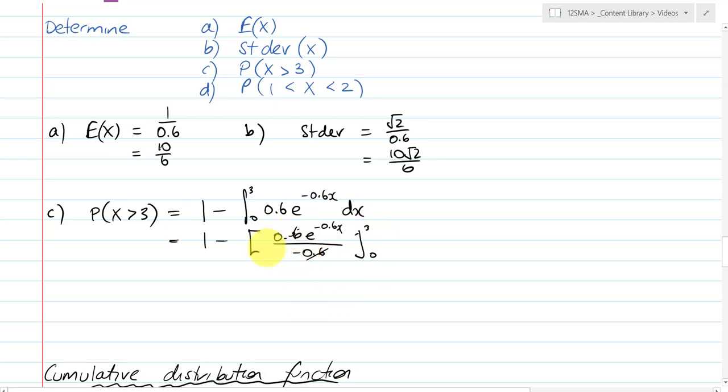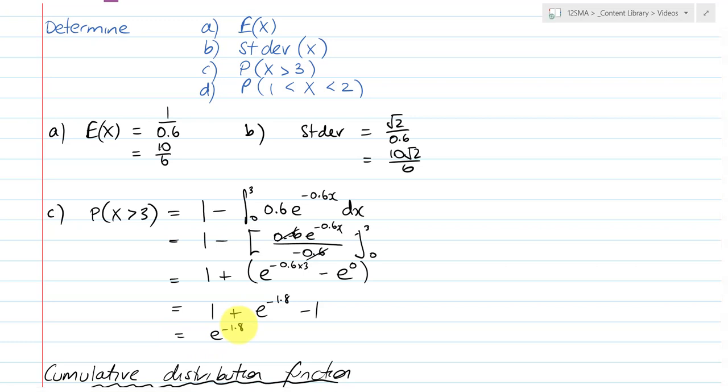The negative carries, so I get 1 plus brackets e to the negative 0.6 times 3 minus e to the 0, and that will be equal to 1 plus e to the negative 1.8 minus 1, which just equals e to the negative 1.8. And I'm sure if you play around with that enough, you'll be able to find a generalization there as well, but for whatever that value is, e to the negative 1.8.